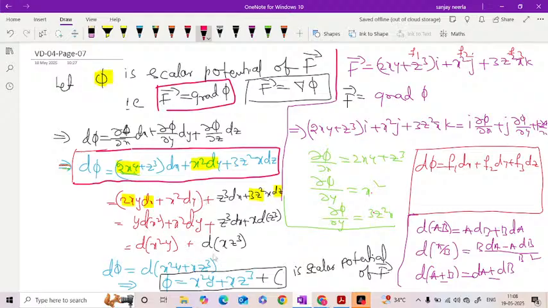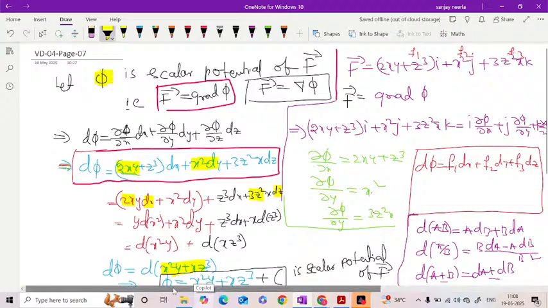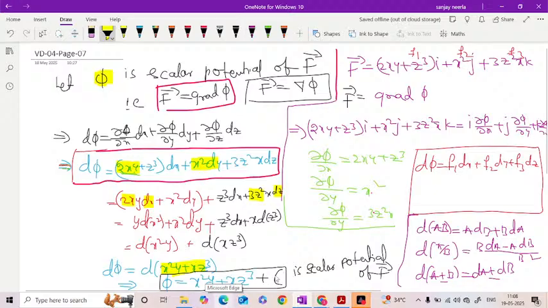Definitely we will write the derivative of some function of x, y, z. The function is x square y plus x z cube. That means our pi is equal to x square y plus x z cube plus c is the solution. This solution is the scalar potential field.